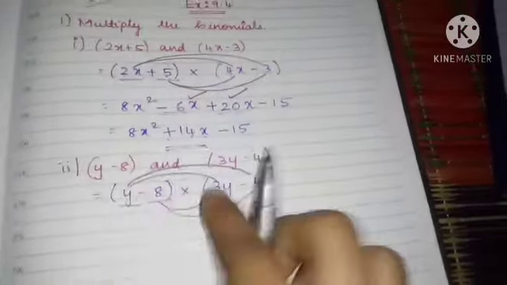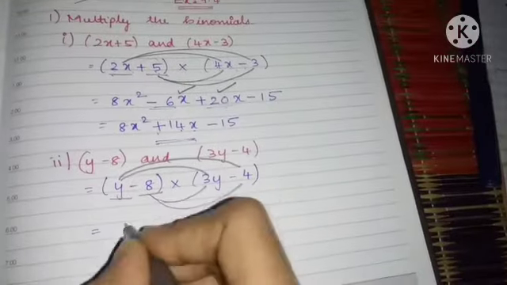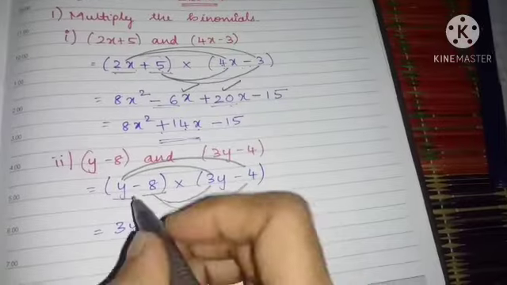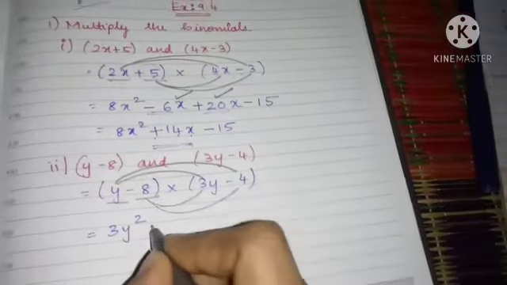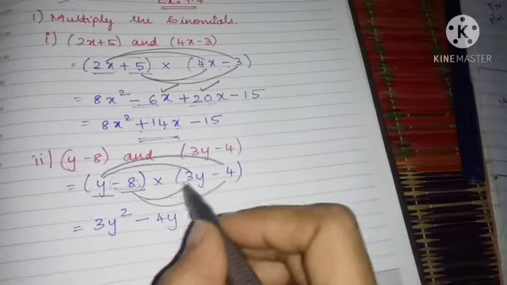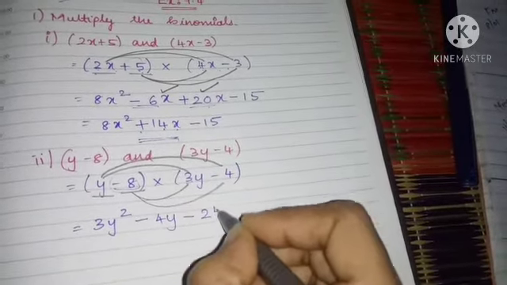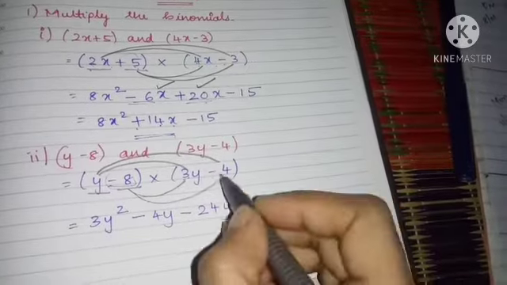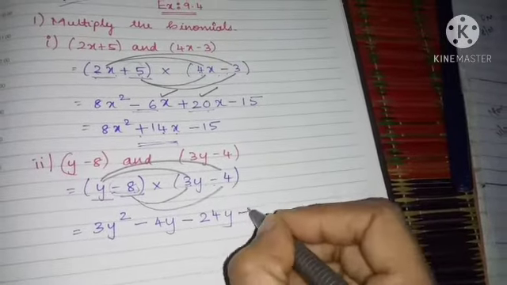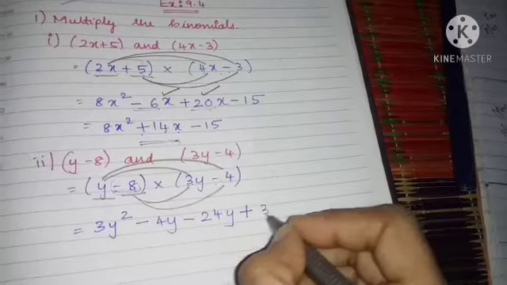Okay, y into 3y is how much? 3y square. y into minus 4, minus 4y. Next, minus 8 into 3y, minus 8 3s are 24y. Minus 8 into minus 4, minus into minus, plus 8 4s are 32.